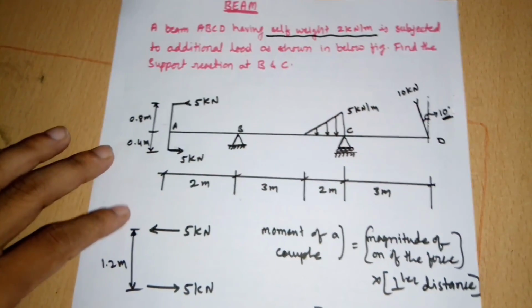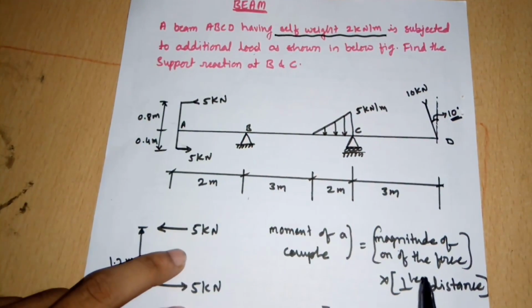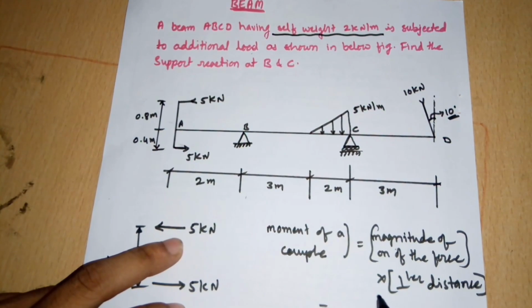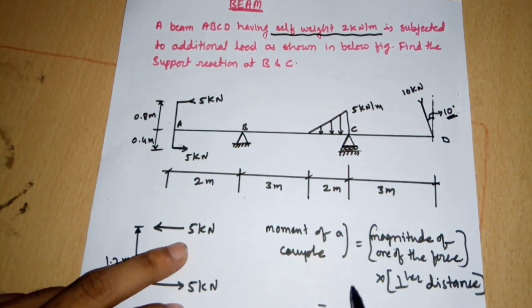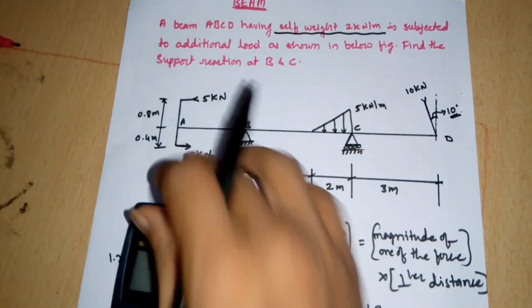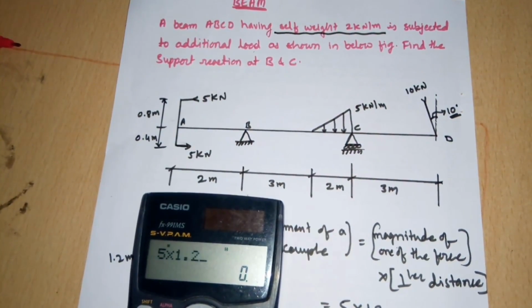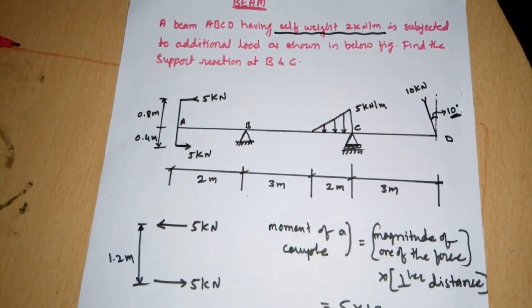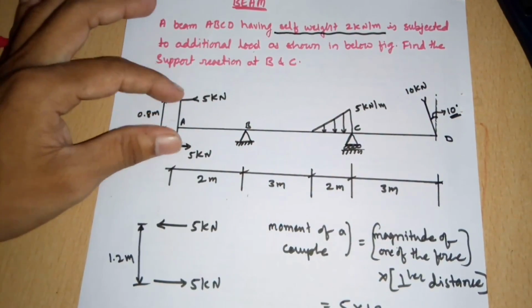So now here the magnitude is 5 kilonewton, magnitude of one of the forces. So it is 5 multiplied with the perpendicular distance, that is 1.2 meter. So the moment here will be 6 kilonewton meter. So this is the resolution of these two forces.